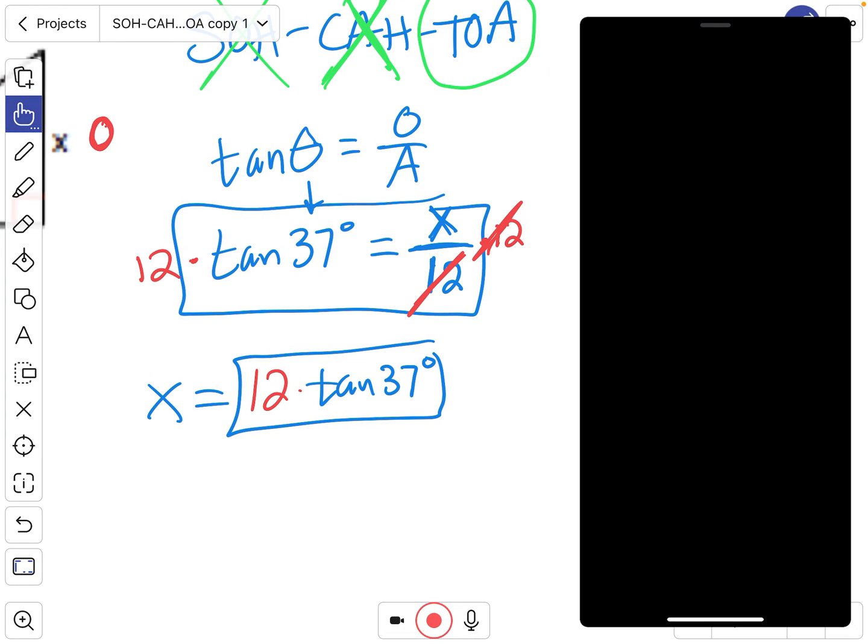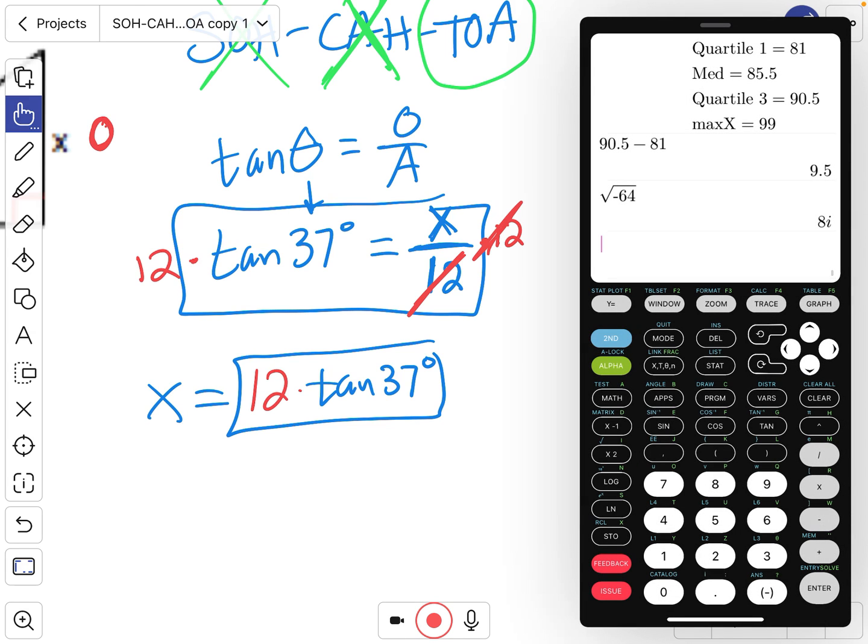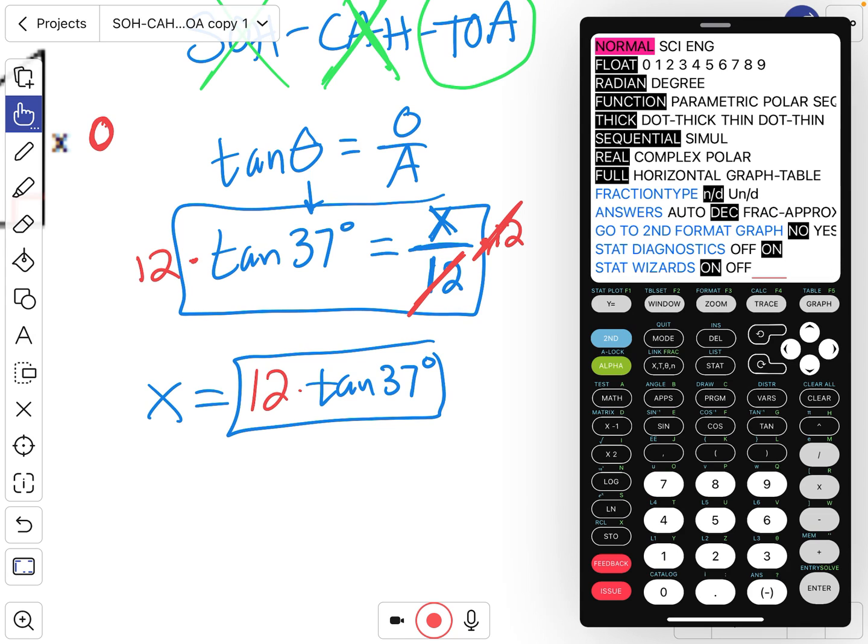Now, if I were to enter this on my calculator, the very first thing you've got to check is that you're in the correct mode. To enter these on your calculator, if you press the mode button, which is right next to the second key, you need to make sure that you are in degree mode.